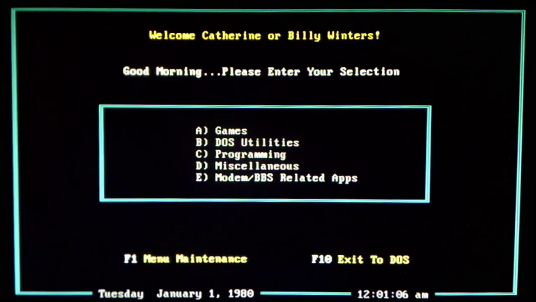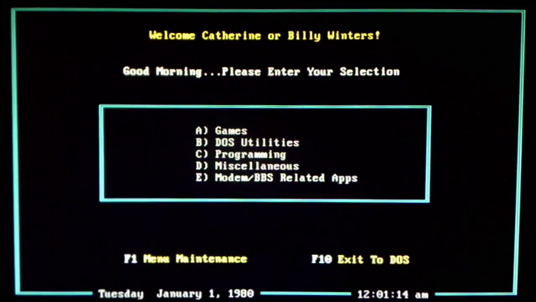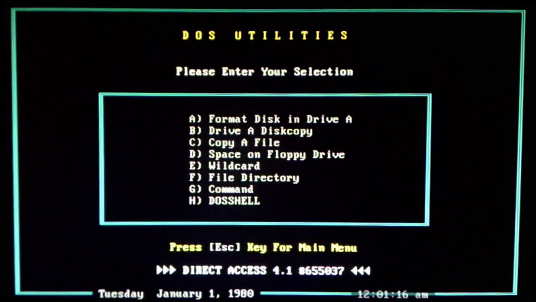So let's go to the DOS utilities. That was not the DOS utilities. And we're going to go to a command prompt. And set the time.